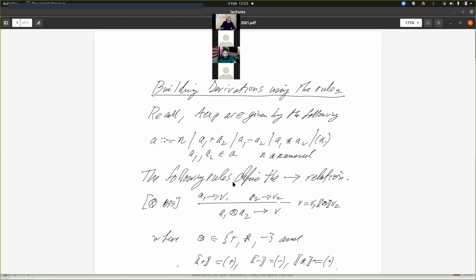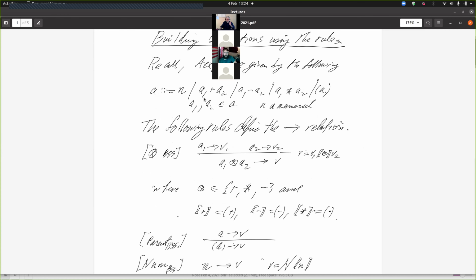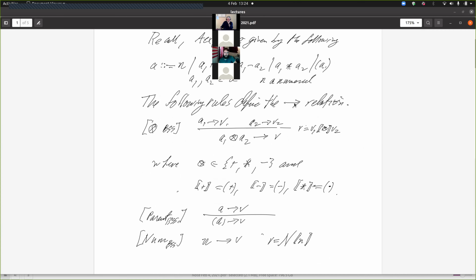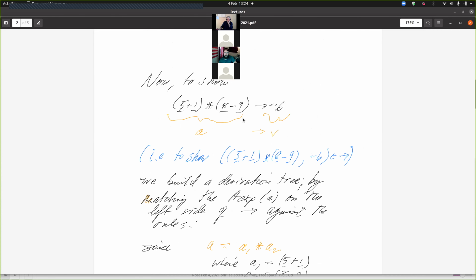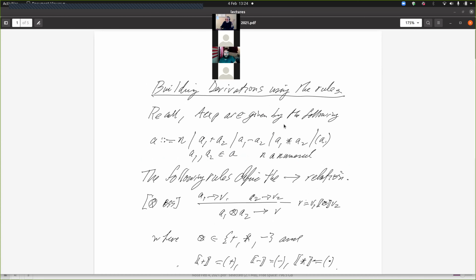So when we say that the rules define the arrow relation, he defined, then he says, okay, what's the transition relation here? Well, the configurations are either A expressions or they're integers, so that's our big gamma. And then the arrow relates A expressions to ints.